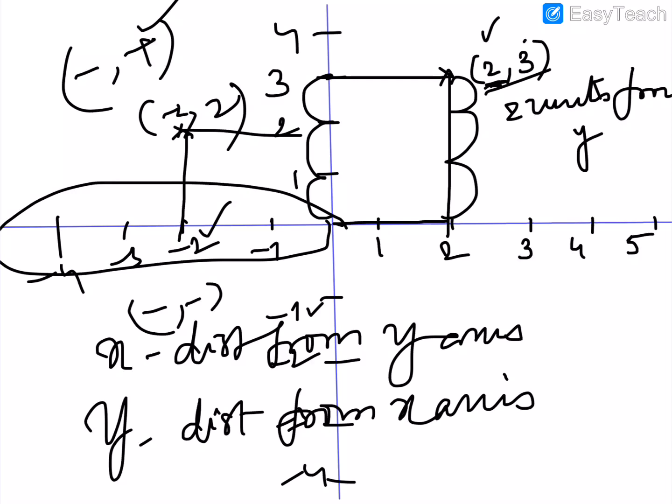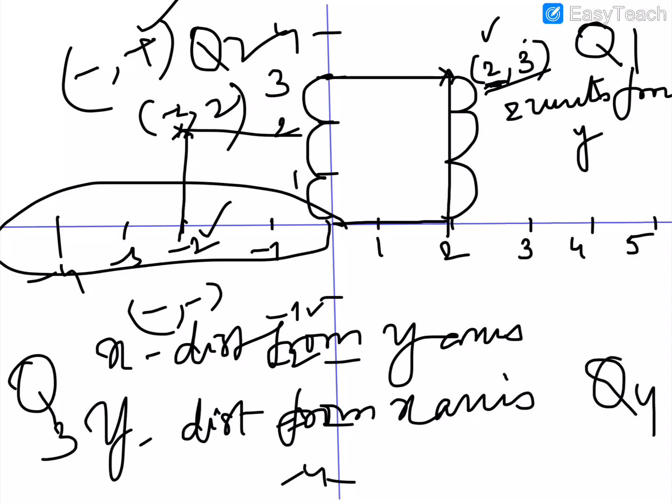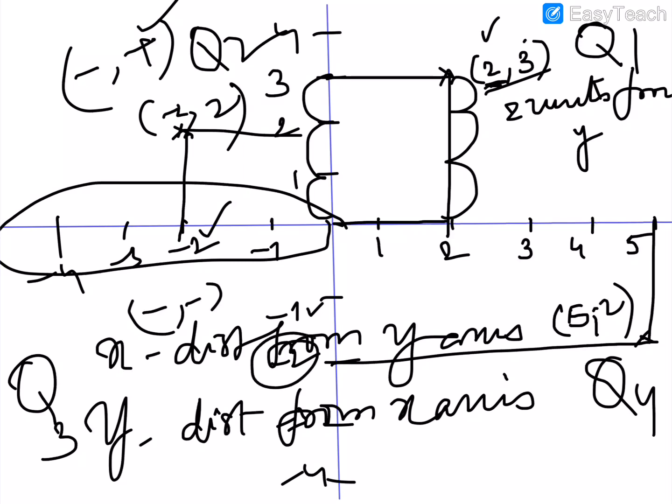We call these quadrant 1, quadrant 2, quadrant 3 and quadrant 4. Now for the fourth quadrant, let us take some point here. It is 5 comma -2. Now both are +5 comma -2. So in quadrant 4 it will be plus and minus.